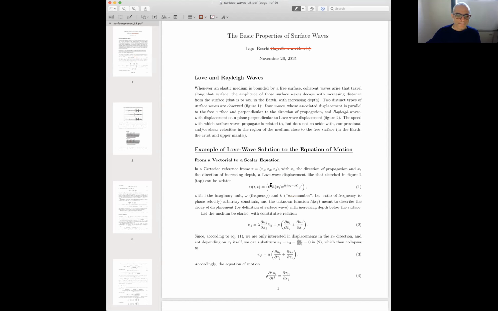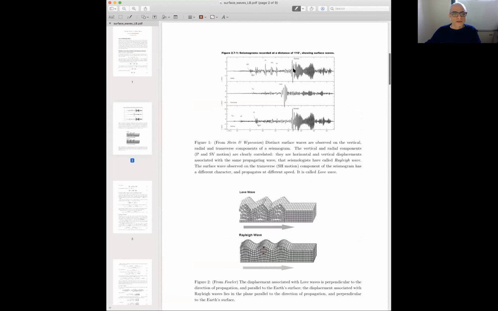The radial and vertical components, x1 and x3, in this reference frame are 0, and all the signal is on the transverse component. So we make sure that all the signal is here, and this particular phase involves no displacement in the radial and vertical direction.